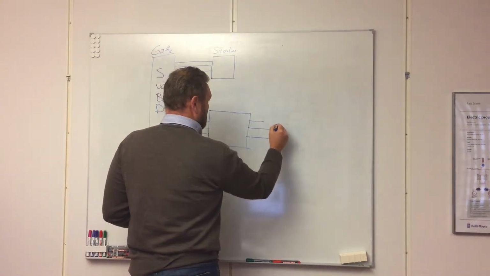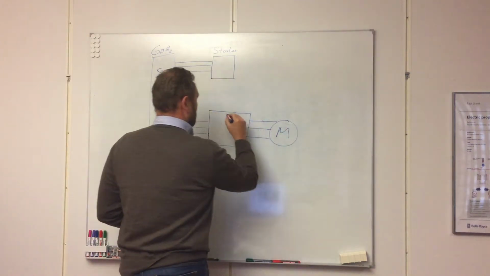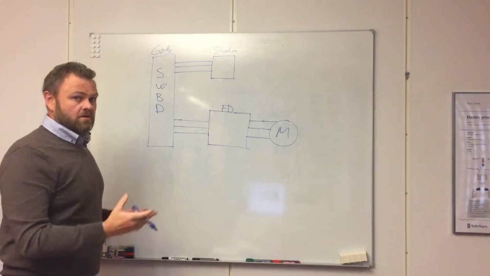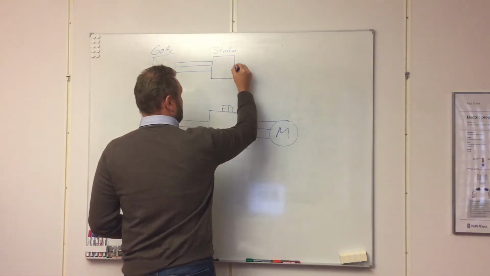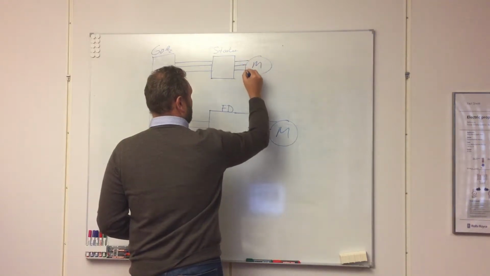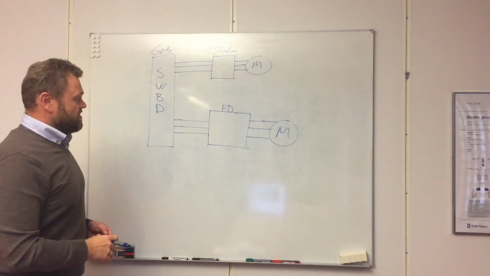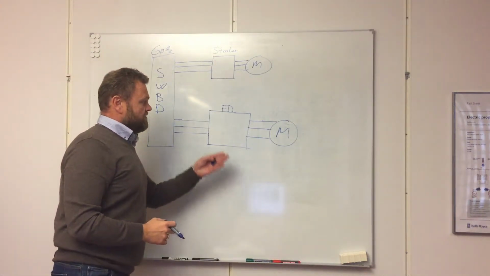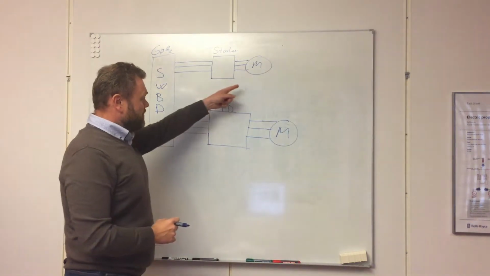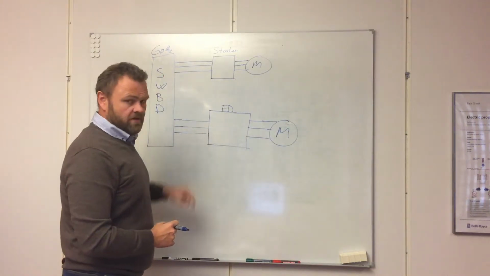So we can have a motor connected to a frequency drive, or we can have a motor connected to a starter. We have, again in another session, talked about the difference between direct connection of the motor to the switchboard and connection through a frequency drive.